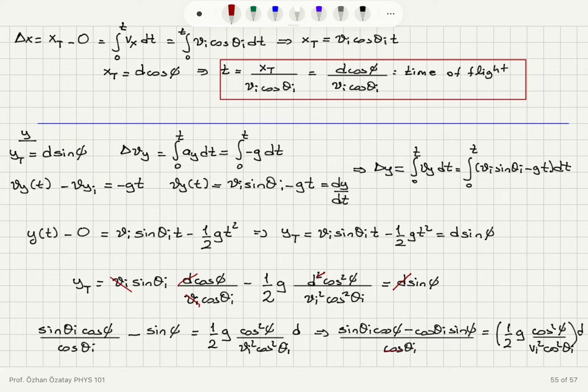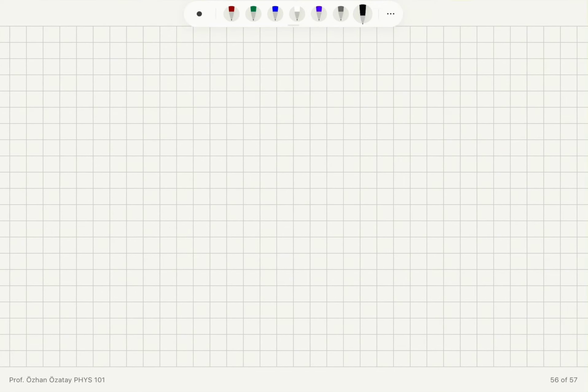And now this cosine theta initial will get rid of this cosine theta initial, and that takes me to my final answer for d, by noting that sine theta initial cosine phi minus cosine theta initial sine phi is sine theta initial minus phi.